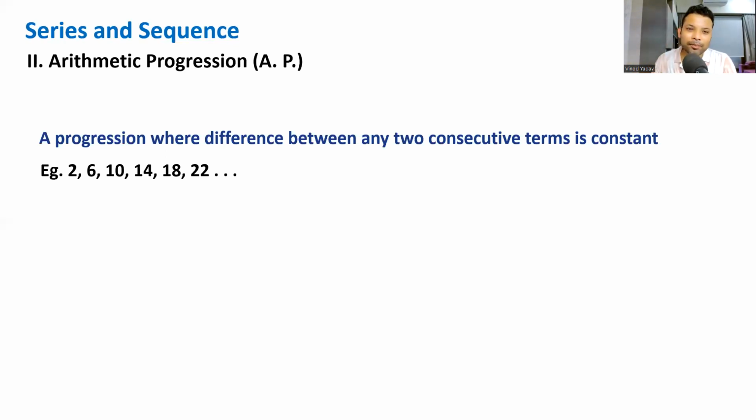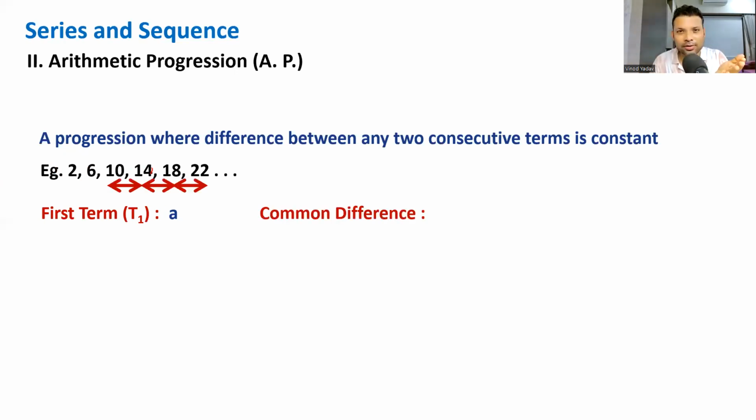To develop such progressions, I just need to know what the start will be and what to add. The first term is called T1 or it is also called A. It is denoted by A, and that difference, which is 4 over here, is called the common difference, of course, because the difference is the same throughout, isn't it, friends?